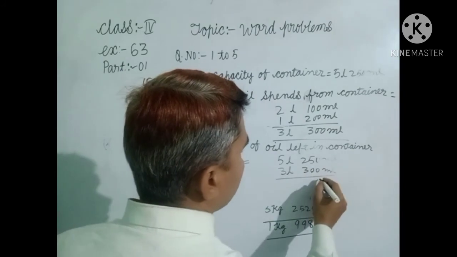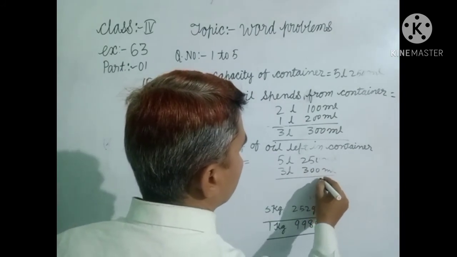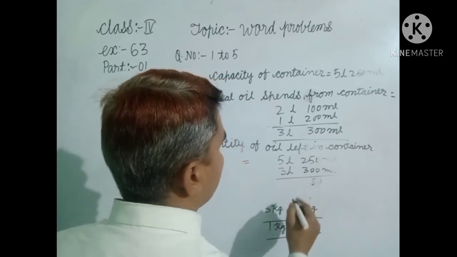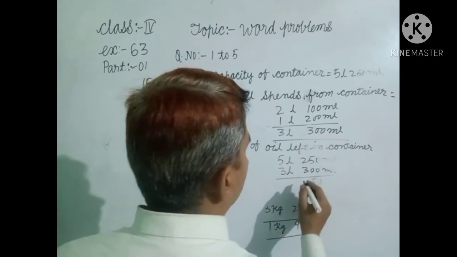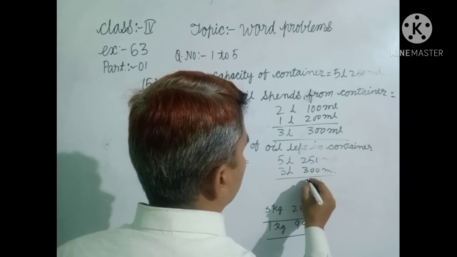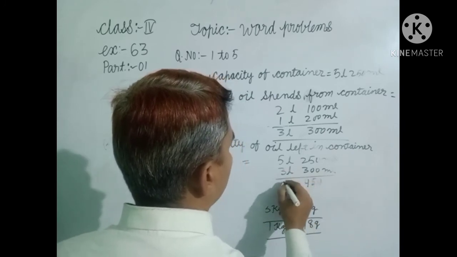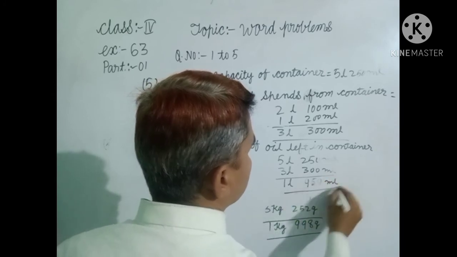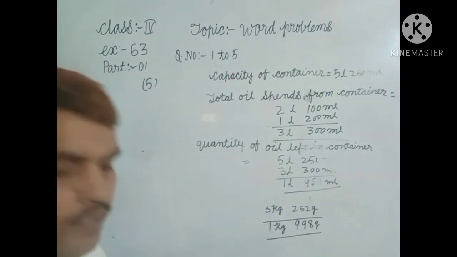Now what to do here? 0, here 5, and here 9 and here 1. So 1 liter 950 milliliters left in the container.